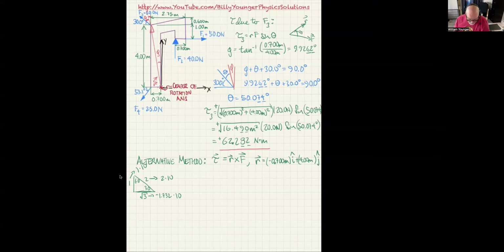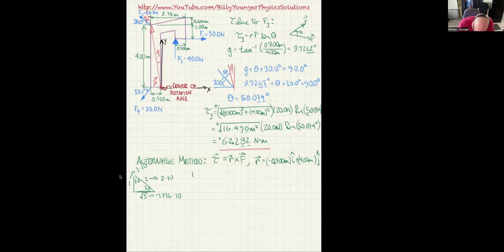Now I can actually use that to find the components of the force. Again, you could just use your trig functions: take the cosine to find the horizontal component by multiplying 20 newtons times cosine 30, and find the vertical component by taking 20 newtons times the sine of 30. That works fine as well. We just have to remember our sines.